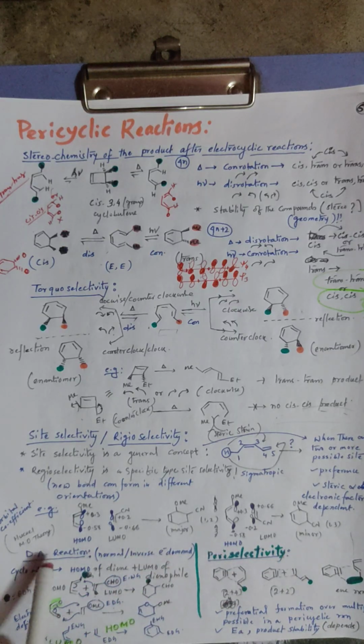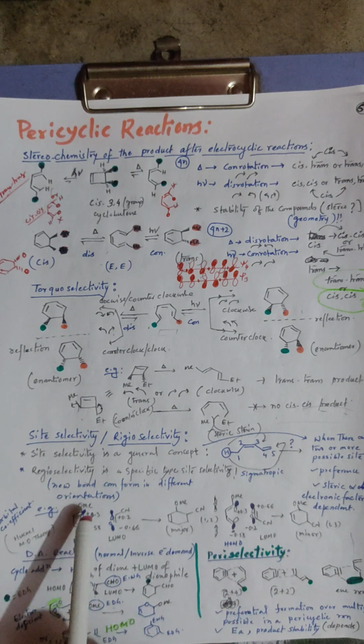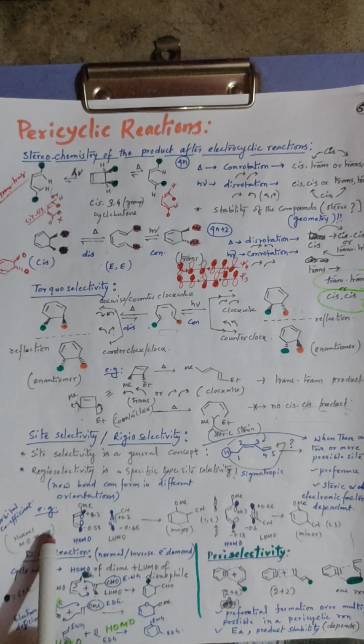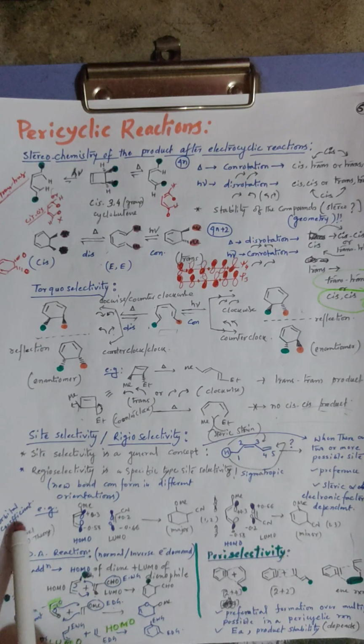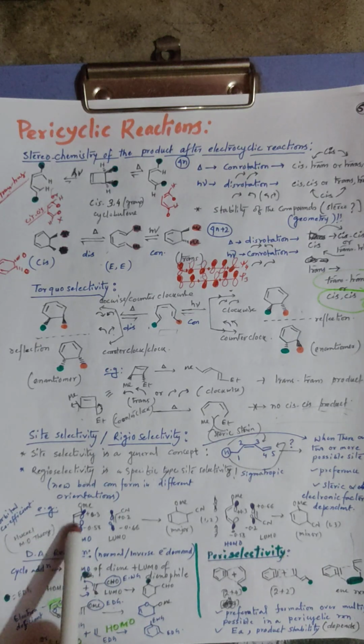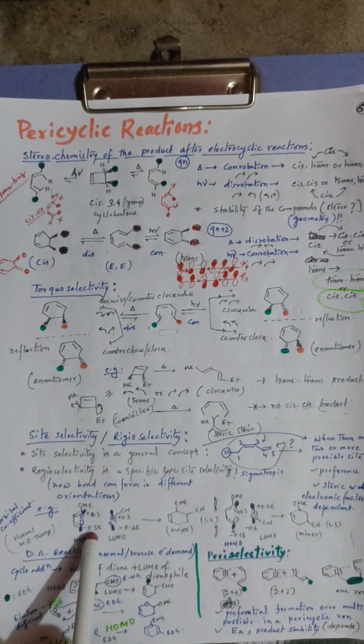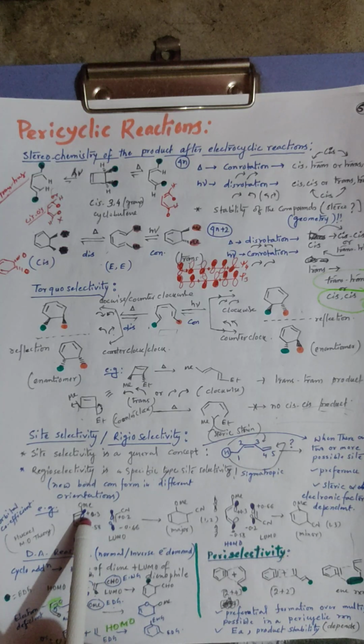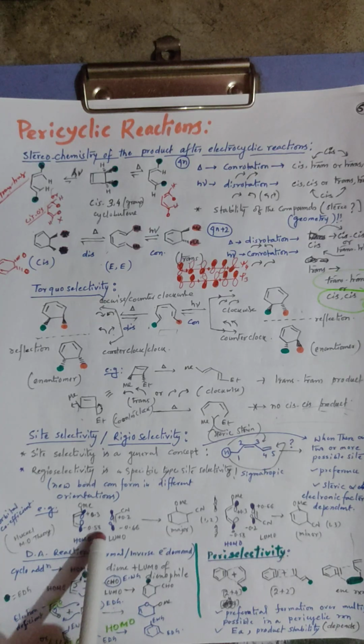Why did this happen? This can be explained by Huckel-FMO theory, where we consider the orbital coefficient term. Here are the orbital coefficient values we have put here. Here it is plus 0.3, here it is minus 0.58.